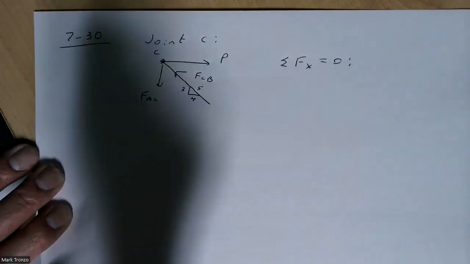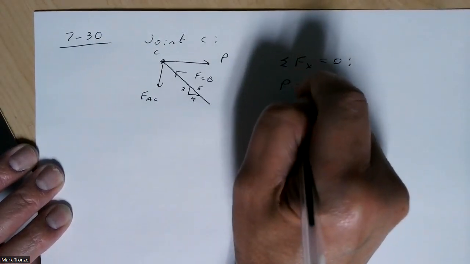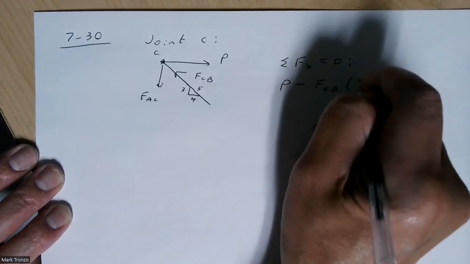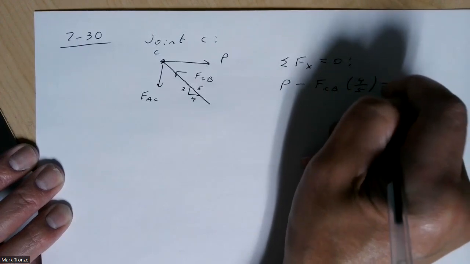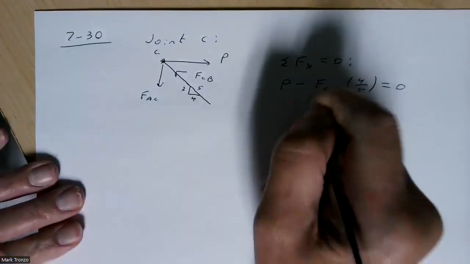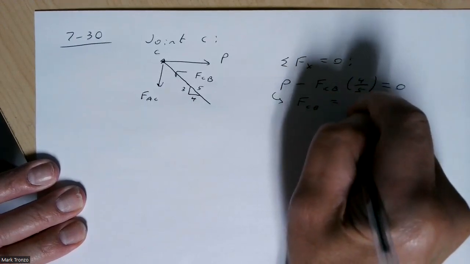So you can use that or use the area. And so this is going to give you P minus FCB times 4/5 equals 0. And you can find FCB from that.